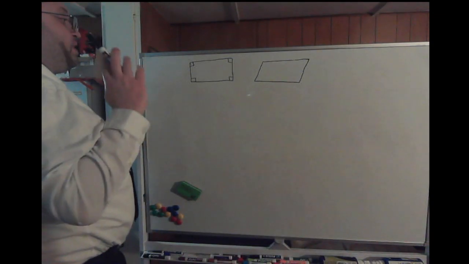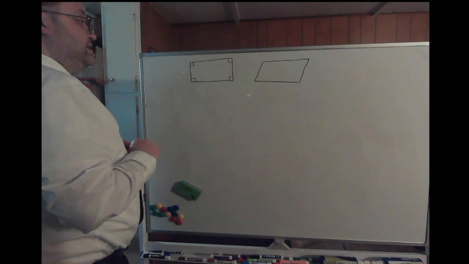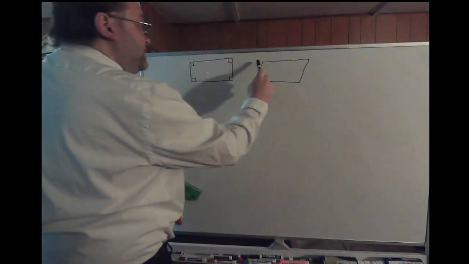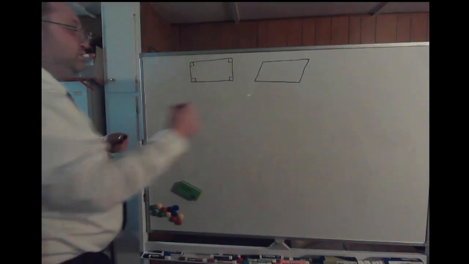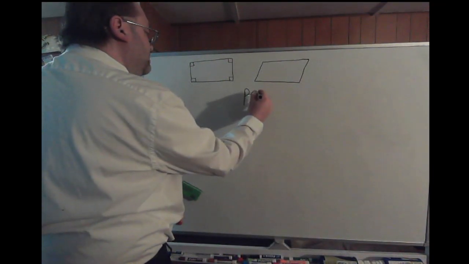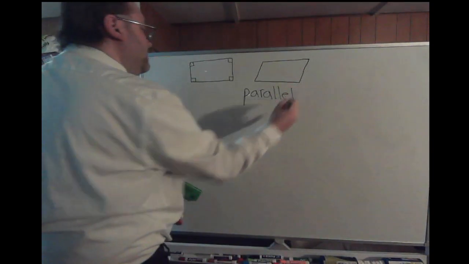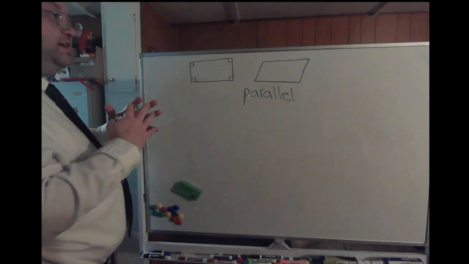Also, we need to talk about parallel lines, because in a parallelogram both sets of opposite sides are parallel to each other. When two lines are parallel, I'm going to write the word parallel, they never intersect. They never cross. They never touch.